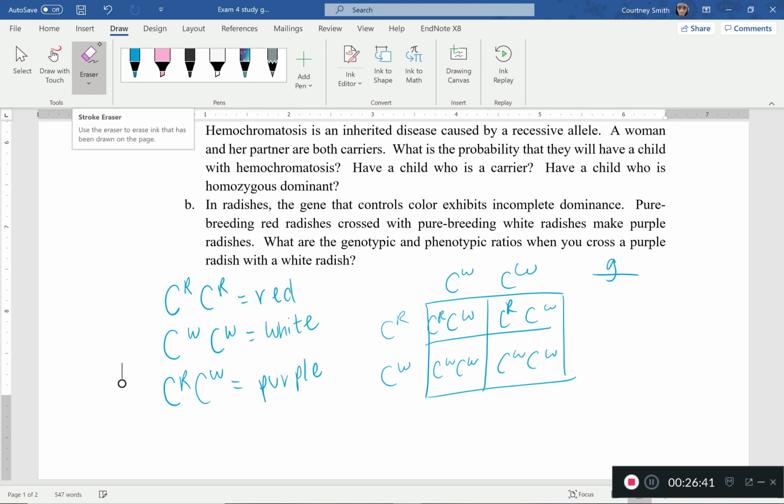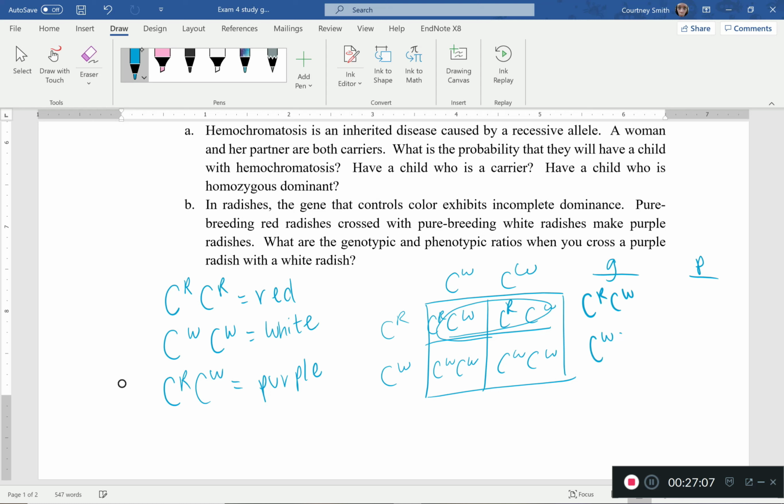Eraser. And then phenotypes. So genotype-wise, we have two of the same right here, so we have that 50% of the time, and then we have CWs 50% of the time. So 50%, 50%.